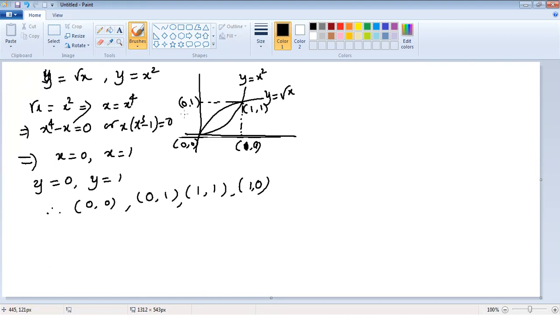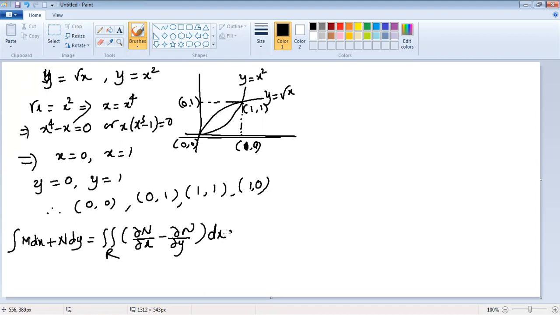After finding the points of intersection, what do we have to do? We know Green's theorem. What is the formula? Green's theorem formula is: the integral of M dx plus N dy is equal to the double integral over R of (dou N by dou x minus dou M by dou y) dx dy.